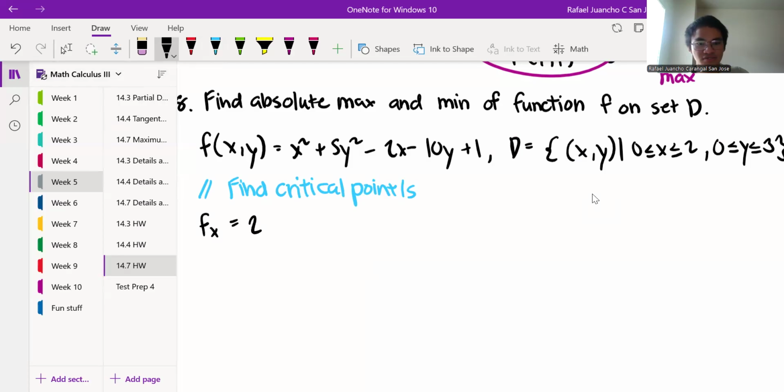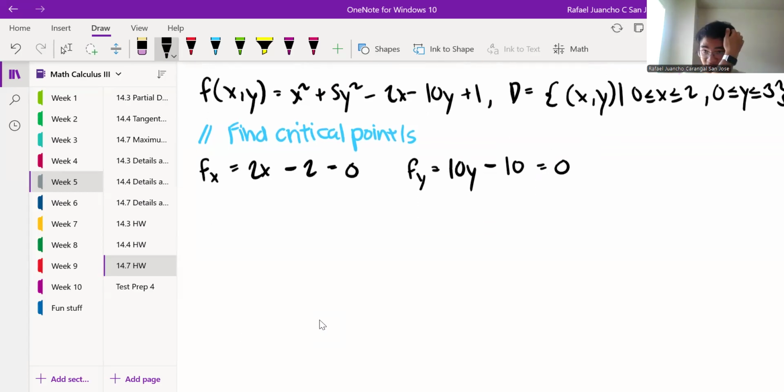So this is 2x minus 2. Oh, we set them to 0 as well. I almost forgot. Here we do the same thing, 10y minus 10. We set it to 0 as well.